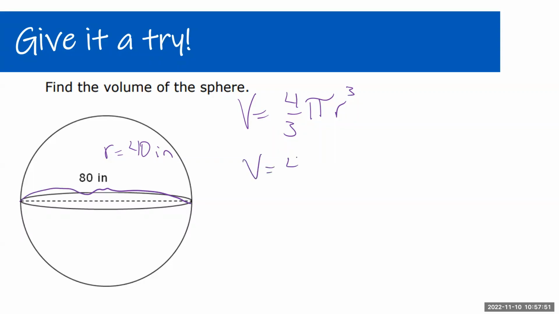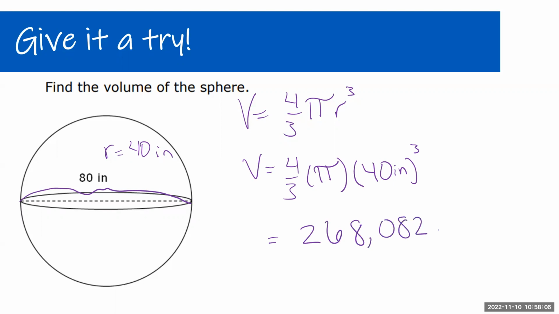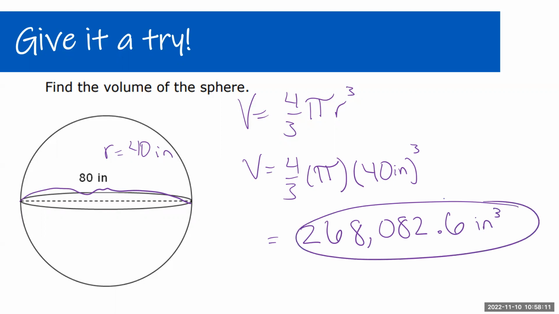So our volume is going to be 4/3 times pi times 40 inches cubed, which if we plug this into our calculator, we're going to get 268,082.6-ish inches cubed.